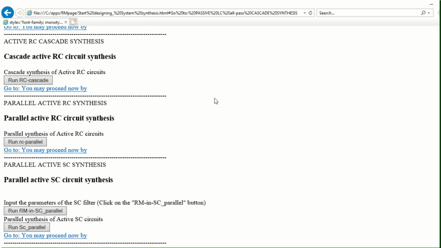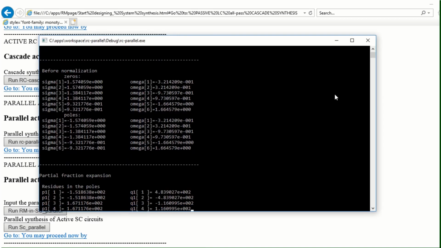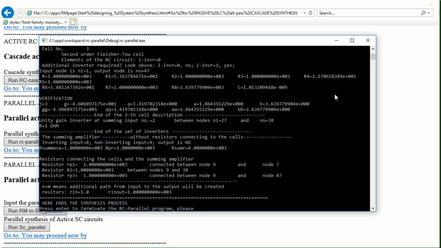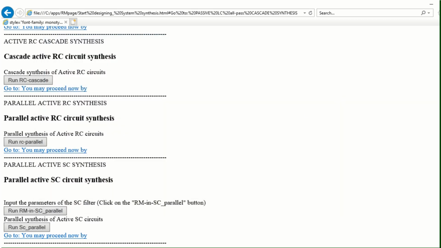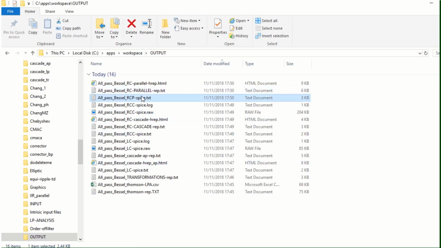Now we will go for the RC parallel. Again, here is the SPICE file.